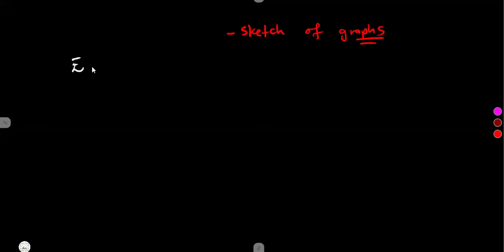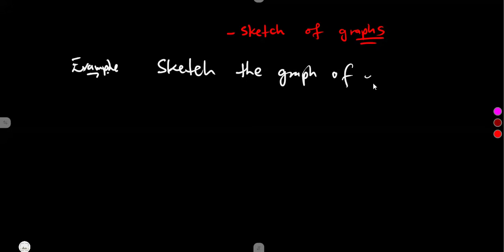So, all right, let us just use this example that we are given. So what we need is to sketch the graph of y is equal to 4e to the exponent of x. All right, so that is what we are given. Then shade the area bounded by the graph.